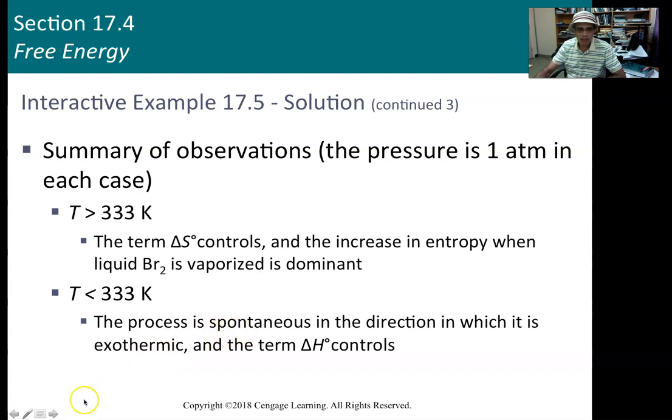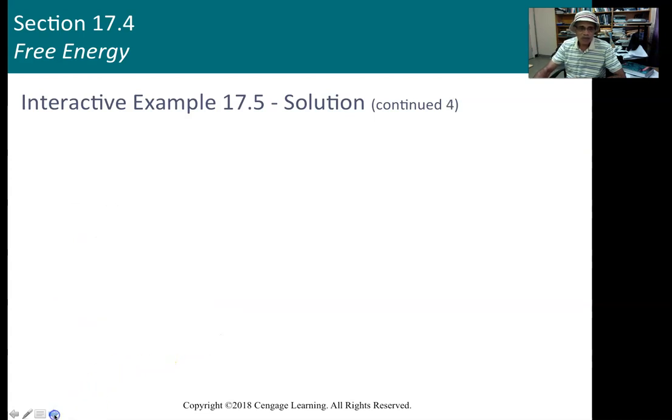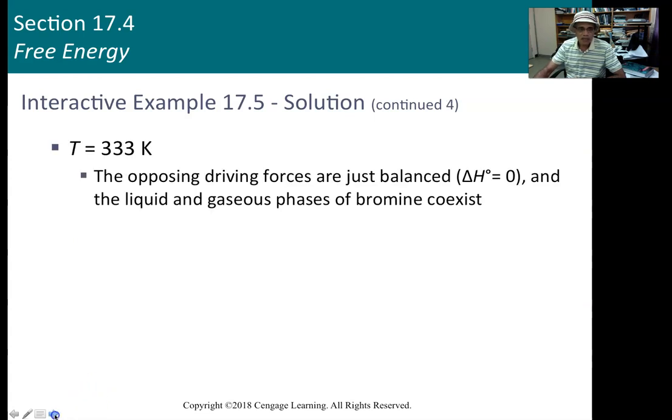I don't like this statement. It should simply say non-spontaneous. It is non-spontaneous. And at that temperature, this will be at equilibrium, right at the boiling point of the bromine liquid.